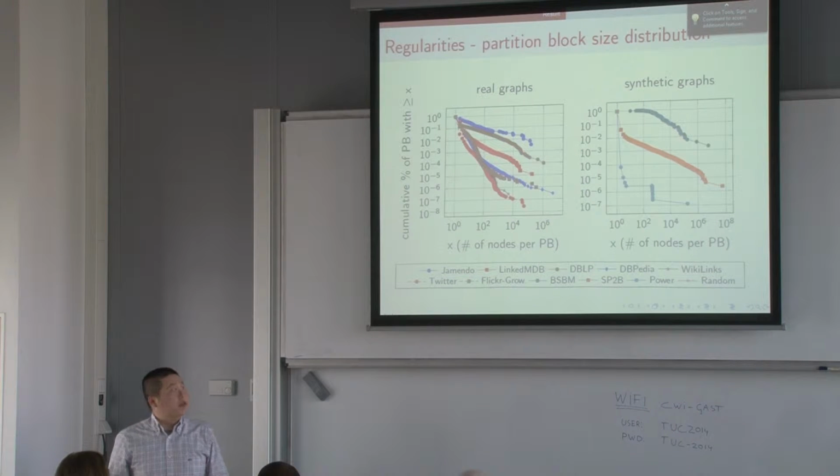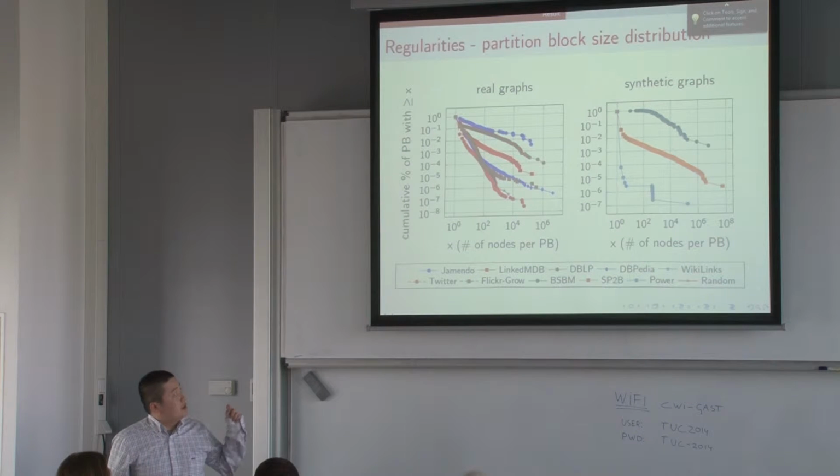So here's one of the results I will show you. This is the partition block size distribution for real graphs and synthetic graphs. As we see on the left-hand side, for the real graphs, all the partition block sizes follow the power law distribution. For synthetic graphs, there are 4 data sets.